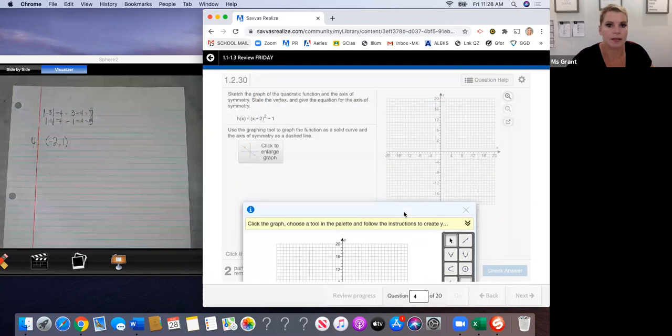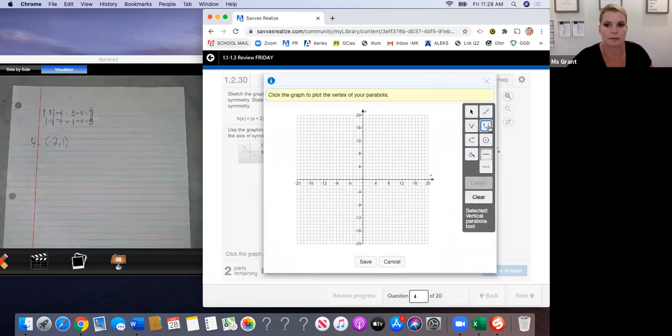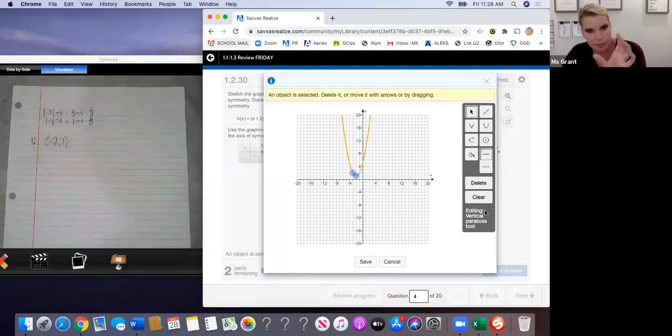It's a parabola. And then since my a is 1, it's just a normal parent function. Over 1, up 1. Over 2, up 4. Over 1, up 1. Okay, so that's my parabola.